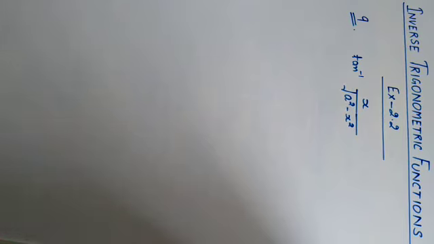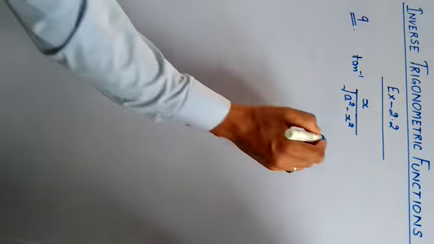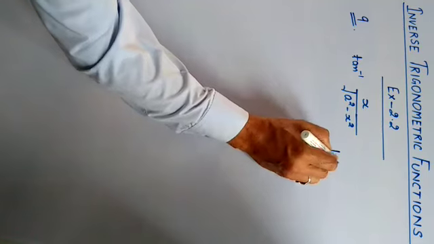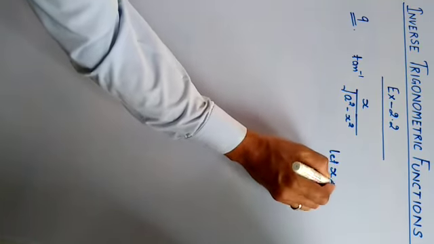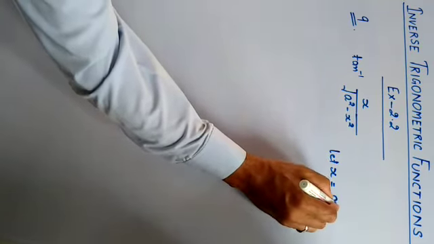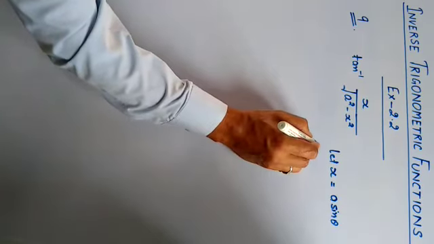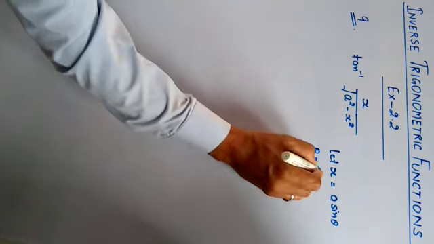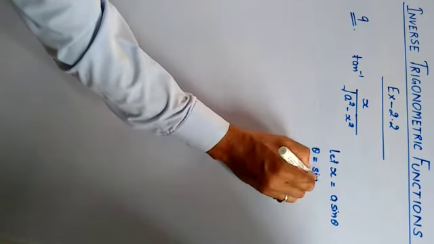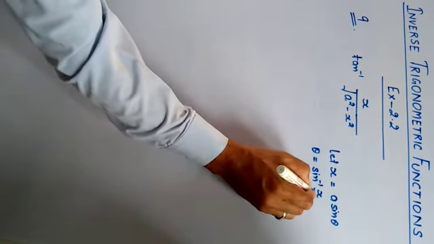Question number 9. Tan inverse x upon under root a square minus x square. So here let x equal a sin theta, which implies that theta will be equal to sin inverse x upon a.